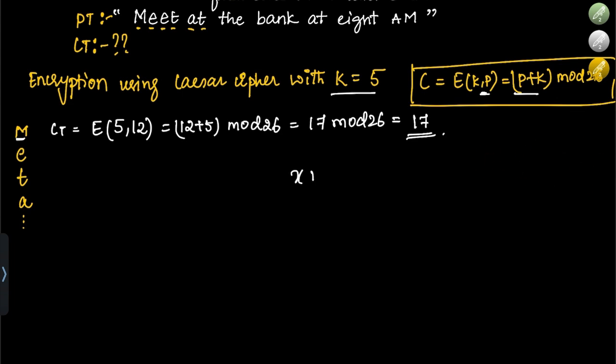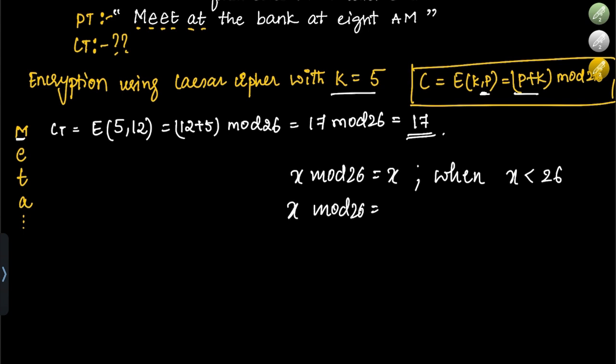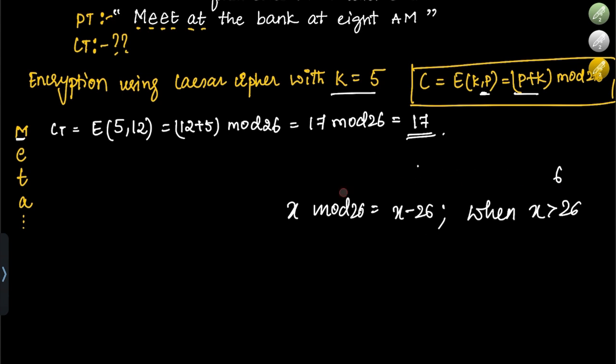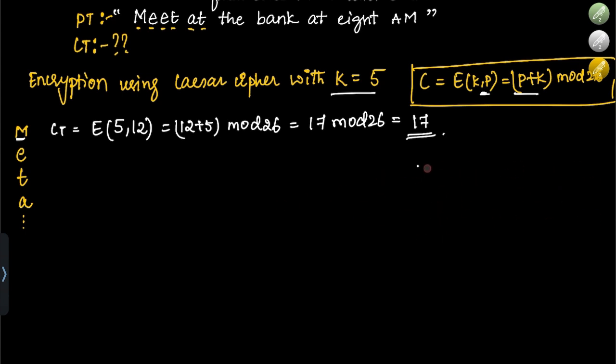So x mod 26 is equal to x when x is less than 26. And x mod 26 is equal to x minus 26 when x is greater than 26. So just remember this formula, it will be easy for you to understand. We'll actually use this formula in the upcoming problems. You'll have a better clarity. Okay, so let me erase this and start solving.